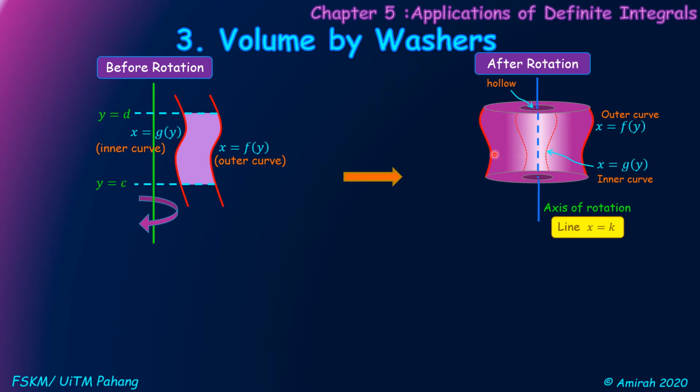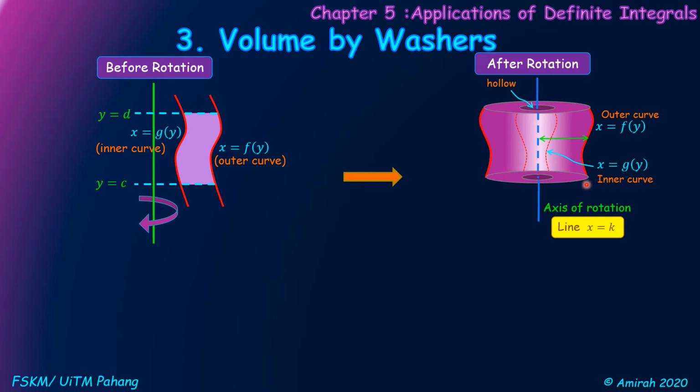Now we can see that when we compare both curves, x equals F(y) is now on the left. So that's why for volume by washer, we use the terms outer curve and inner curve.